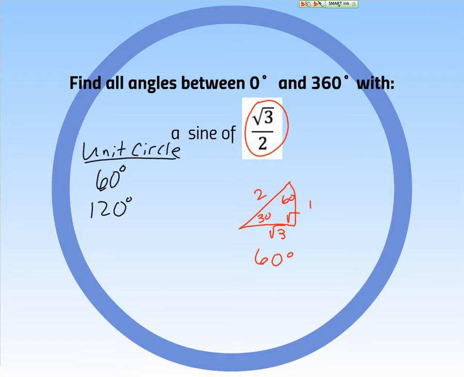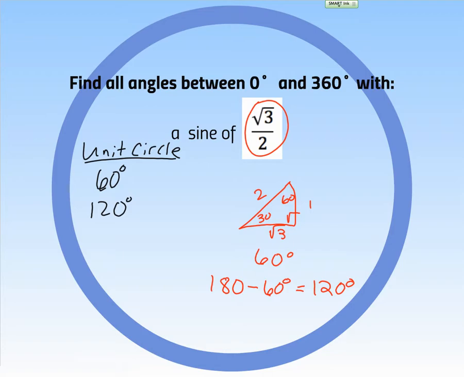If it wasn't on my unit circle, remember the relationship with sine is you would do 180 minus your angle. So sure enough, you would get 120 degrees. So whether you go straight to the unit circle, or push yourself to sketch that triangle, we can use what we did yesterday, connecting those two things.